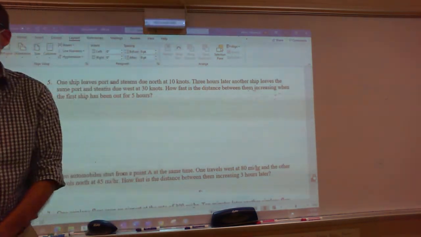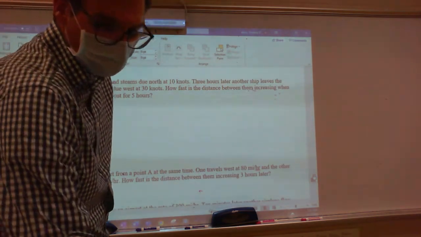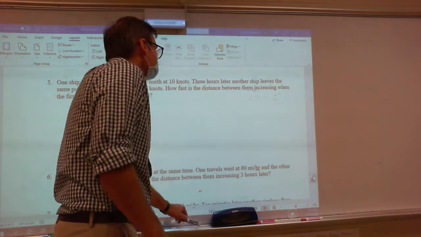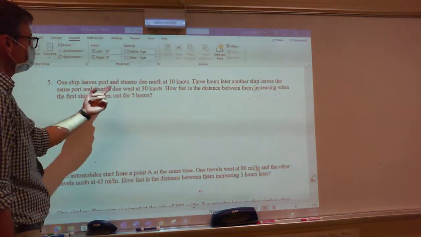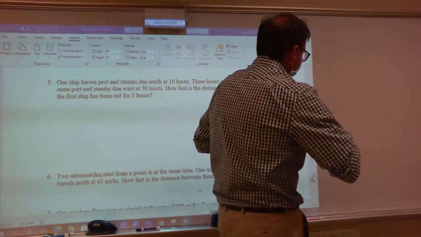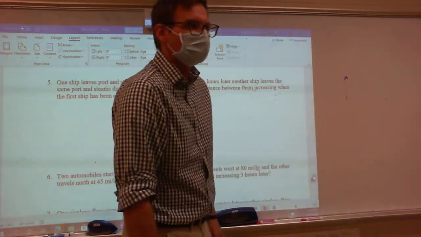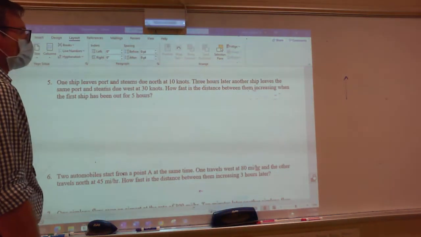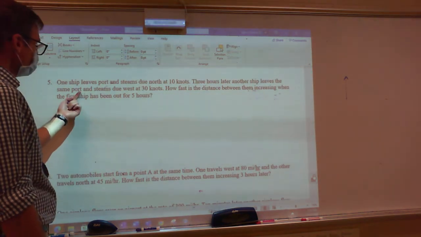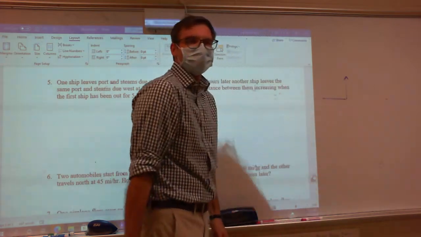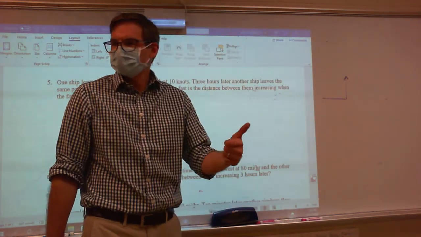So I want everybody to draw a picture. See, one ship leaves a port and goes north. That was easy. 3 hours later, another ship leaves the same port and goes west. Everybody okay with that picture?